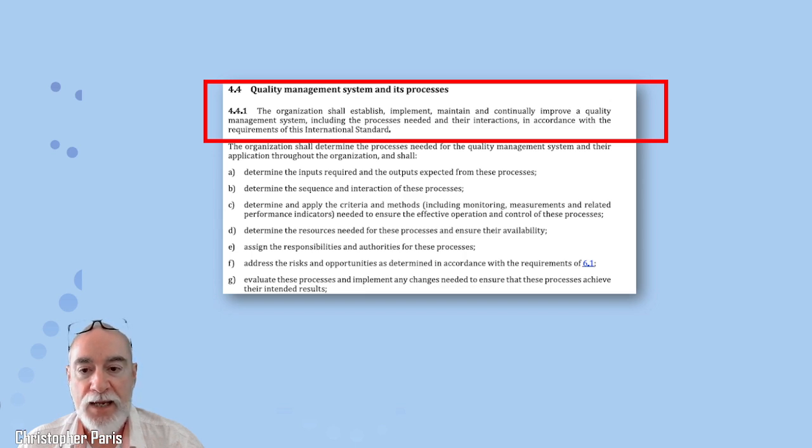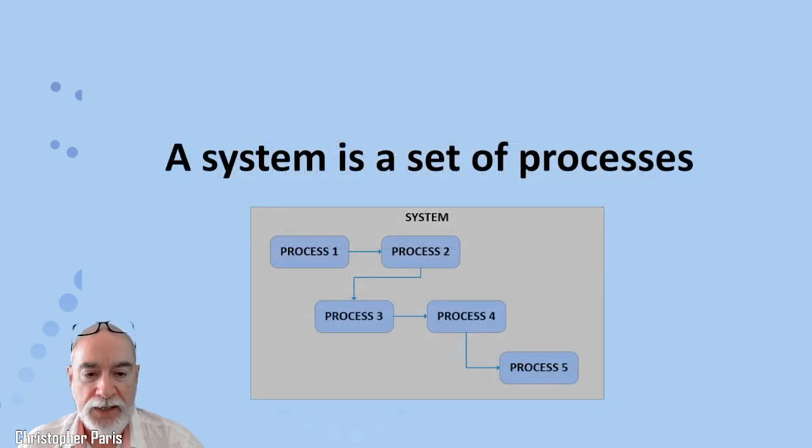Okay, that's what a management system is. Ergo, a system is a set of processes. Understand that. There's a lot of folks who still to this day don't kind of get that, but this has been true before ISO came up with it, and it's been true after. A system is a set of processes.